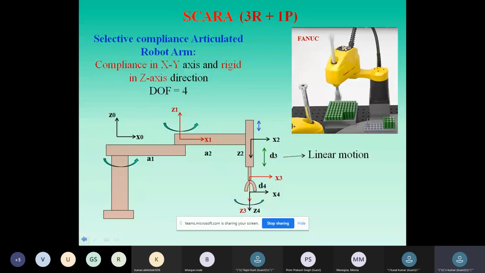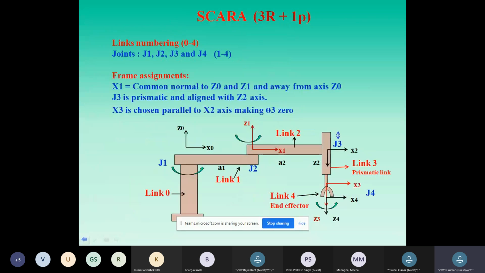So what is our first approach? We define links, we define joints, then we attach frames, then we find the DH parameters. So first we define links. This is our link 0 because it is not rotating about this point. This is our first revolute joint. So link 1, this is link 2, and this is prismatic. This is link 3, and after that the end effector rotates about a revolute joint.